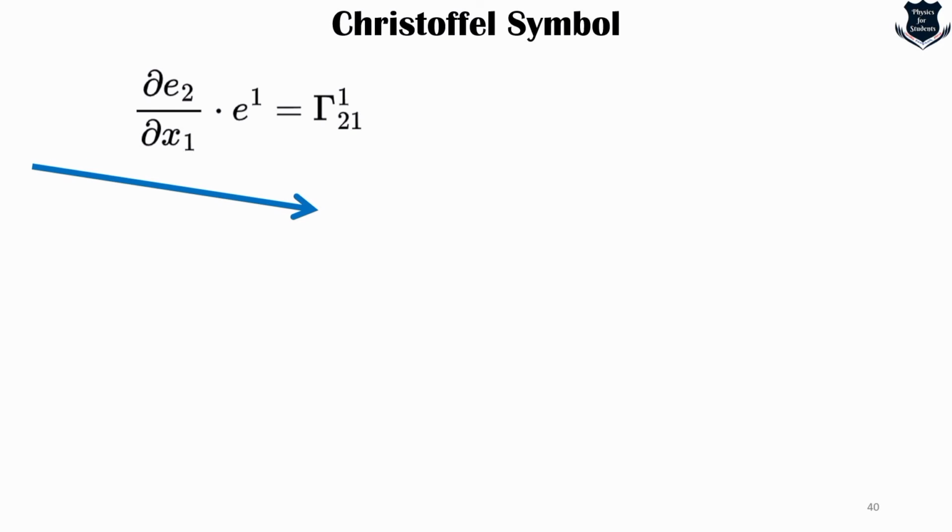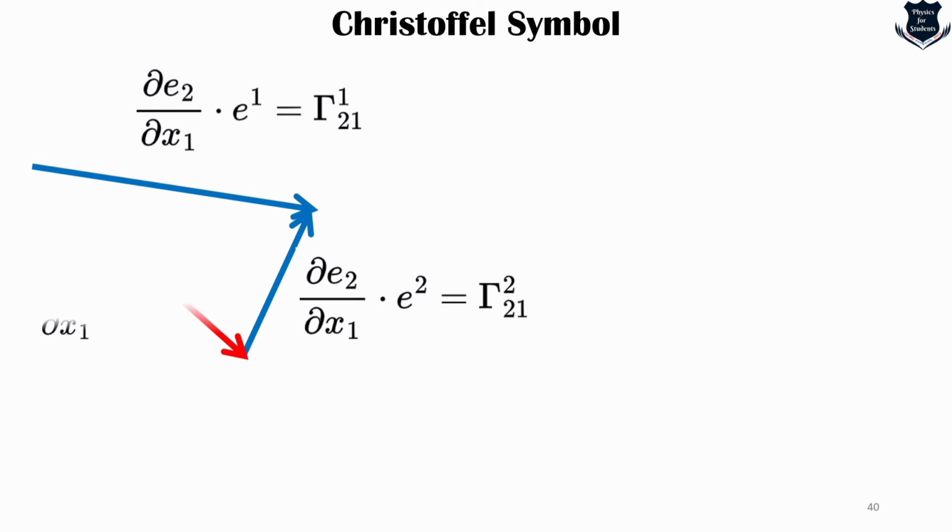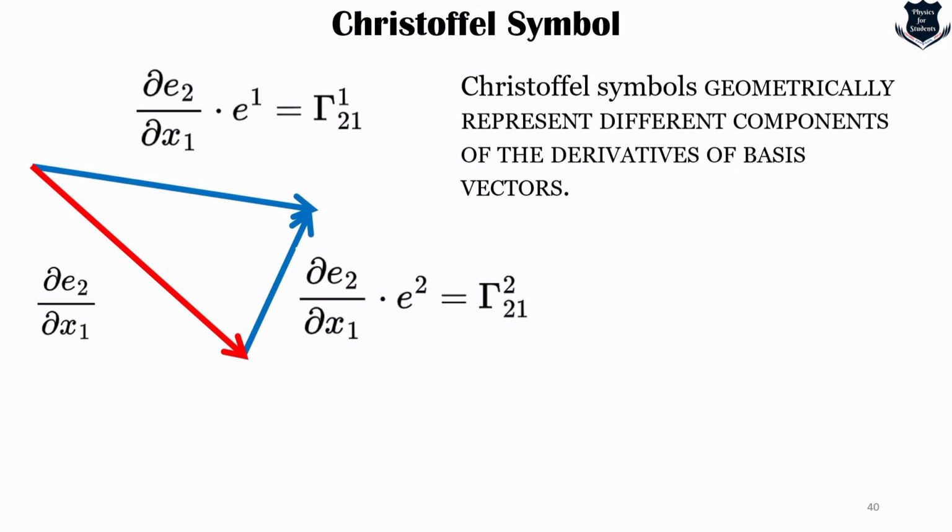If I differentiate, I get these equations. So if you don't want to go into the mathematical details of calculating those derivatives, then understand that Christoffel symbols geometrically represent different components of the derivative of basis vectors.